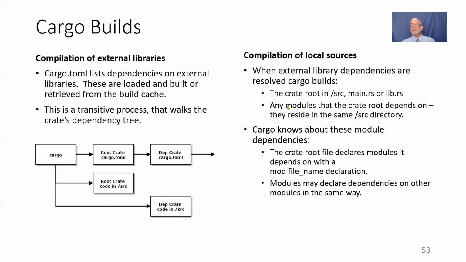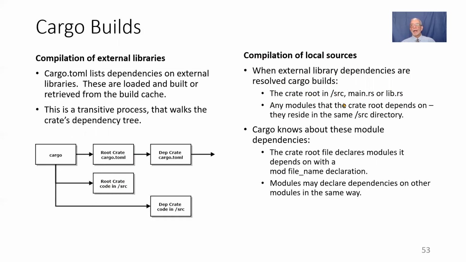So when all these external dependencies and resources have been gathered together, they're compiled if they need to be compiled, then the crate root is built, and any modules that it specifies are loaded as part of that building process.